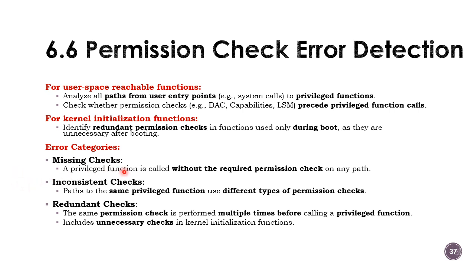The second is inconsistent checks, that is when the same privileged function is called, but with different types or patterns of permission checks, like the number of the checks being different. And redundant checks are when unnecessary checks, or the same permission check called multiple times, will be redundant.